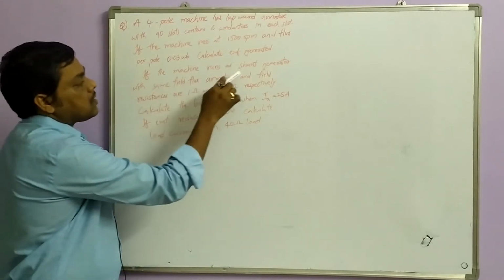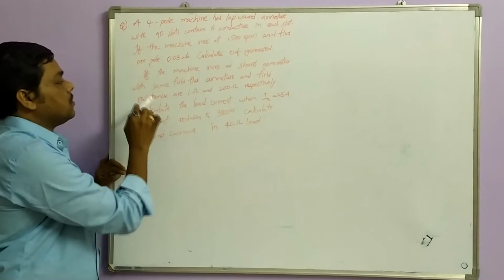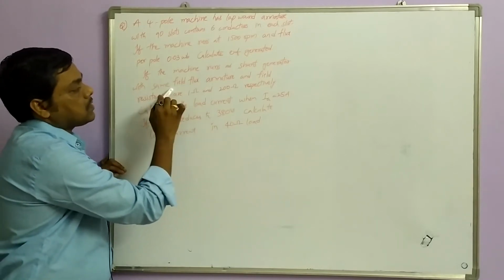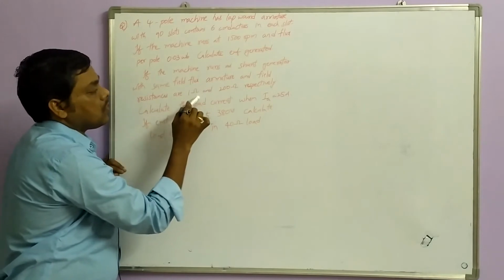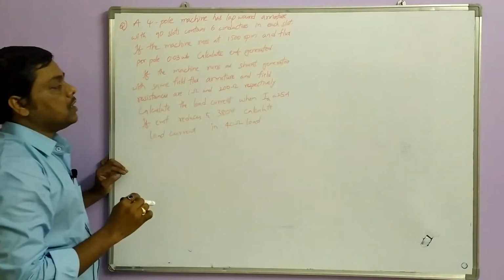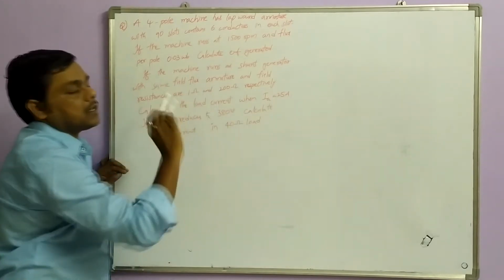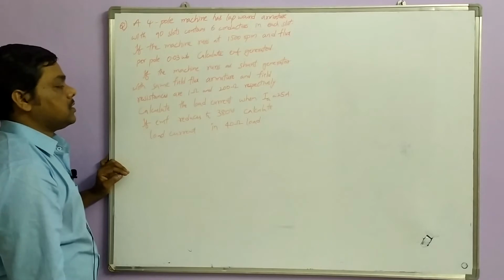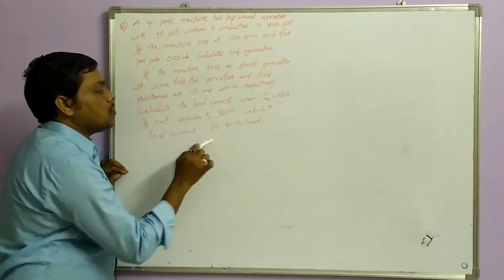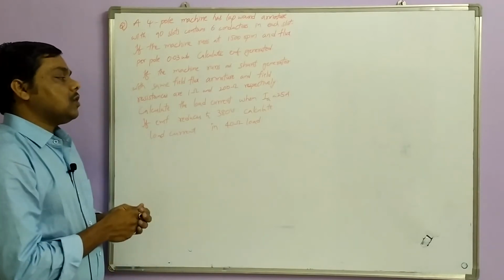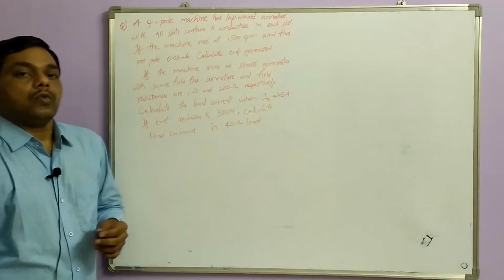If the machine runs as a shunt generator with the same field flux, armature and field resistances are 1 ohm and 200 ohms respectively. Calculate the load current when armature current is 25 amperes. If EMF reduces to 380 volts, calculate load current in a 40 ohm load.